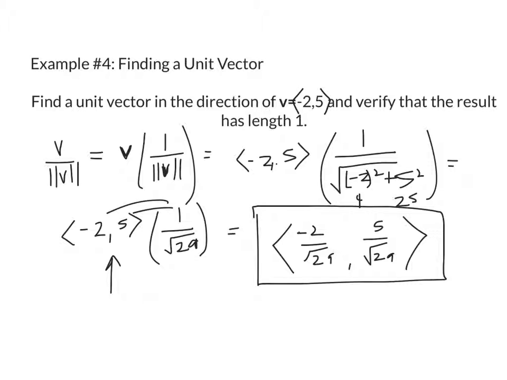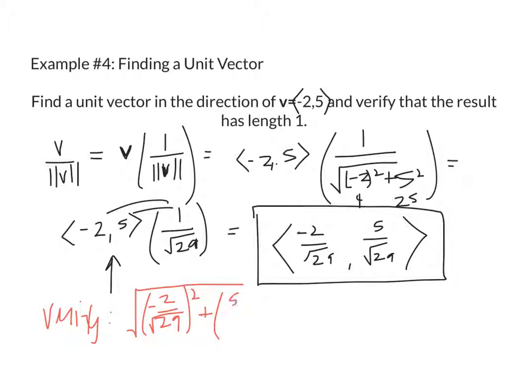Then it asks us to verify that the result has a length of 1. Remember, to do that is nothing more than using the magnitude formula again. So to verify, this would be the square root of negative 2 over the square root of 29, squared, plus 5 over the square root of 29 squared.